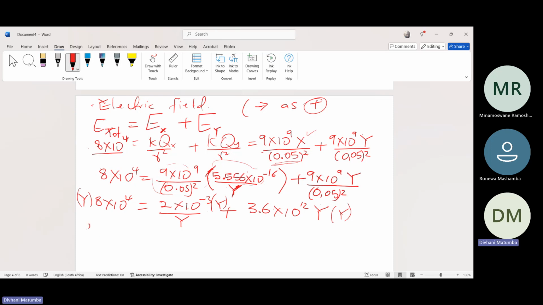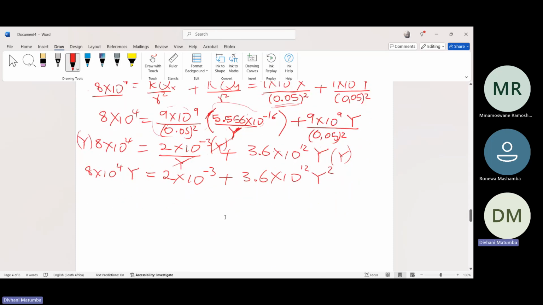So 8 times 10 to the power of 4 y equals 2 times the y, and the y will cancel, 2 times 10 to the power of minus 3 plus 3.6 times 10 to the power of 12 y squared. Okay, let's see. Mamswan, how can we solve for y if we have the following equation?